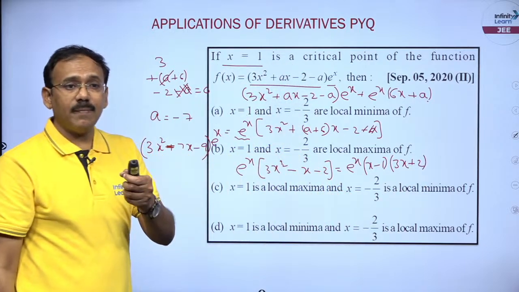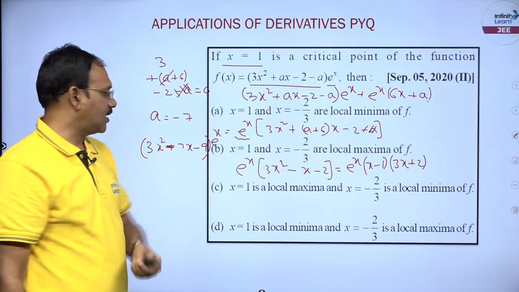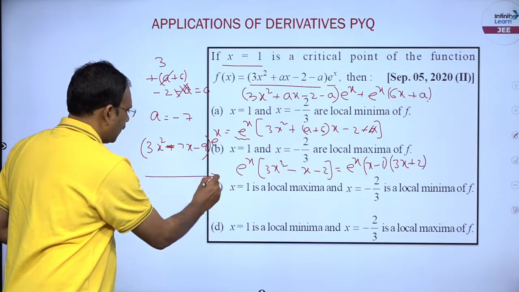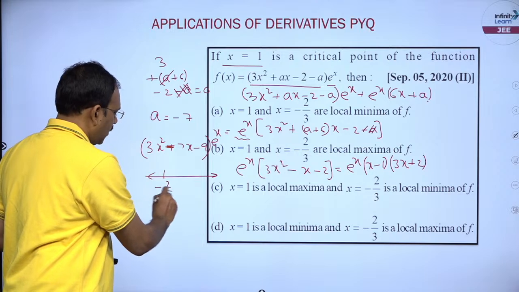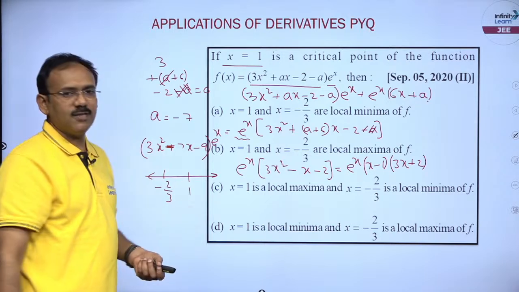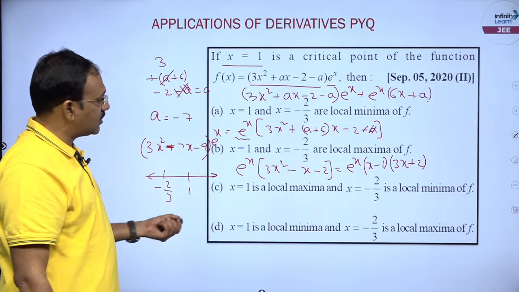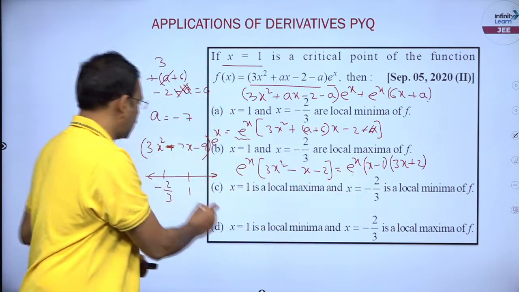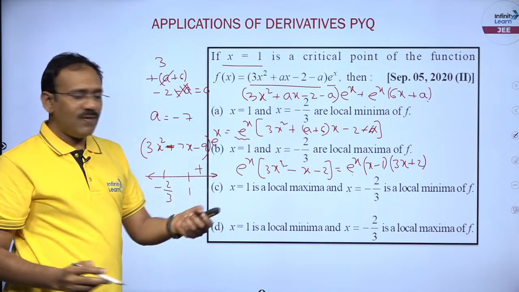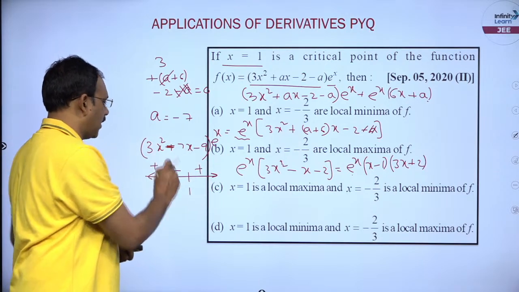Now, friends, the mechanism I applied in the synopsis: you take the number line, the derivative becomes 0 at minus 2 by 3, one number, and the other number is 1. Now you just see, friends, on the right side of 1, e power x is anyhow positive, both the expressions are positive. So by the wavy curve method, this is negative, this is positive.